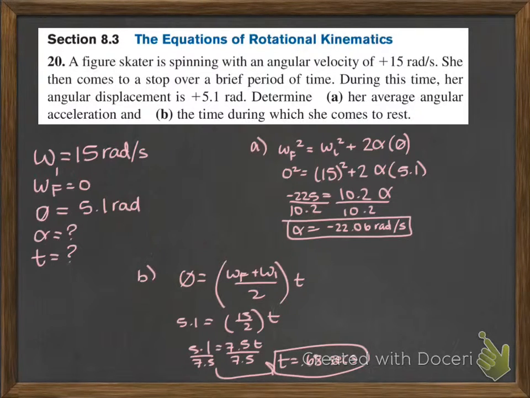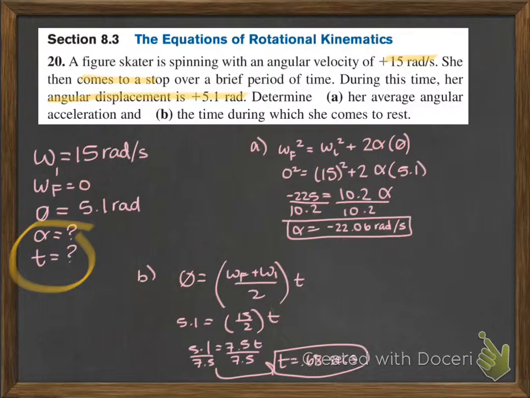So we already know our initial would be 15 radians per second. Our final would be when she's coming to a stop, and it already tells us our angular displacement of 5.1 radians. So we lay everything out. W initial equals 15, W final equals 0, and theta equals 5.1. But you don't know the average angular acceleration and time.